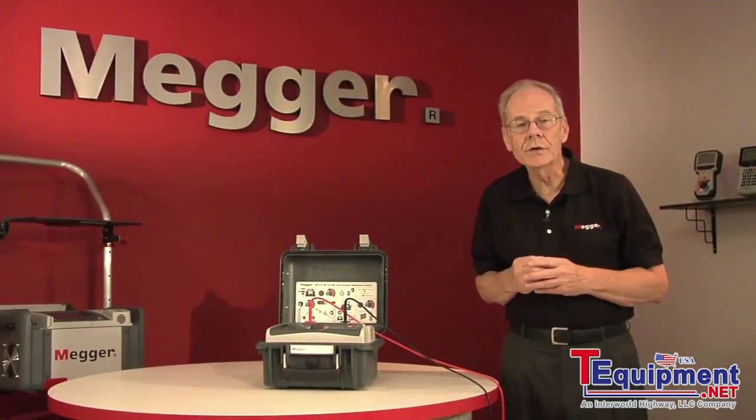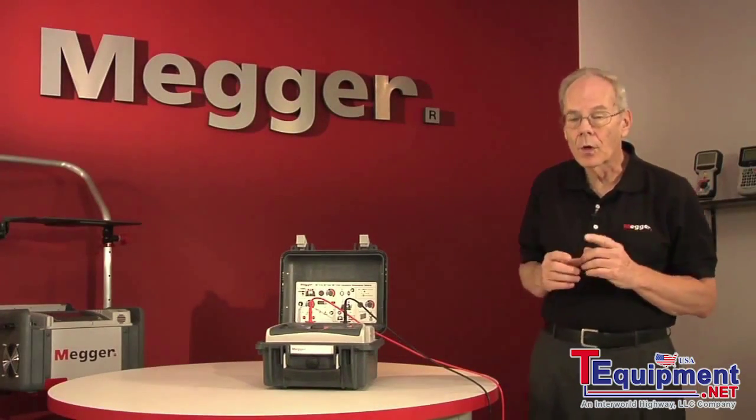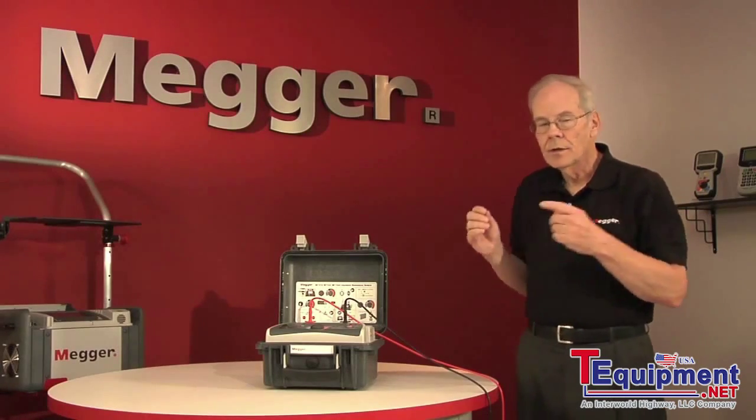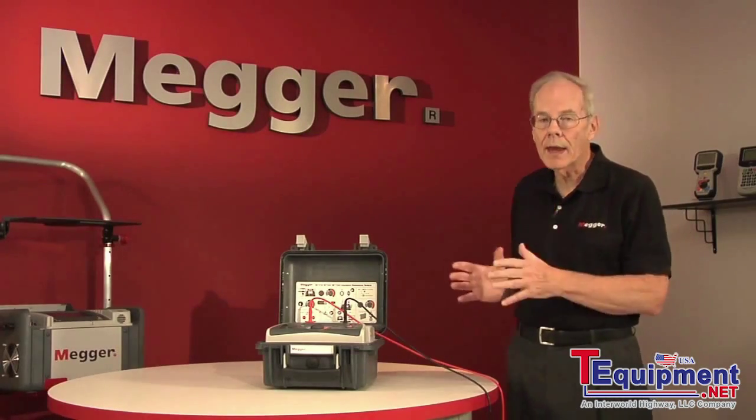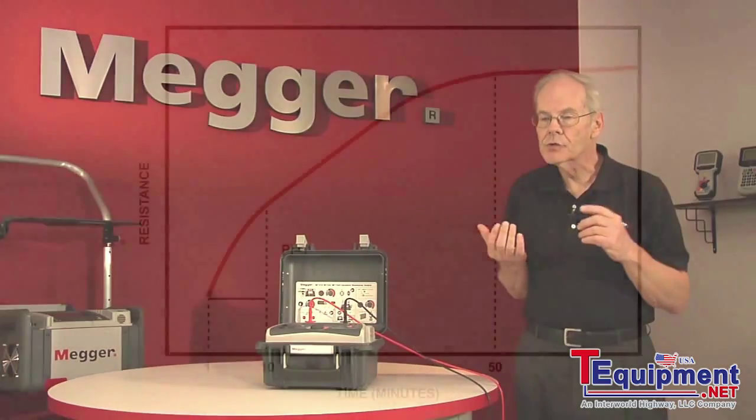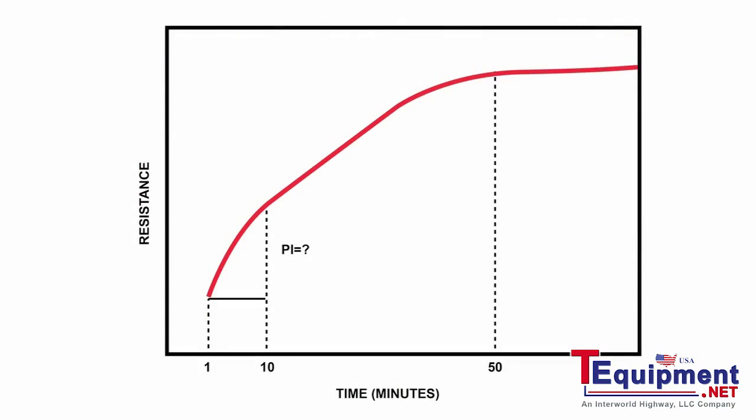At the conclusion of the test, the tester will automatically stop the test, but the critical information will remain on the display for the operator to evaluate. It will show you what the resistance reading was and the leakage current at time 1 and again at time 2, which in the case of a PI is 10 minutes, and it will calculate out the polarization index ratio.